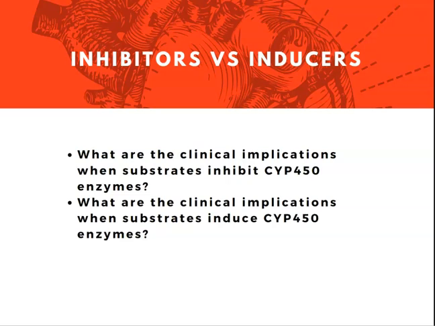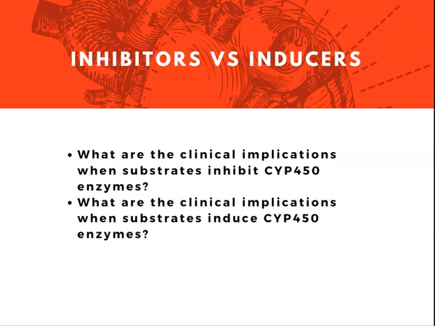Now let's talk about inhibitors versus inducers. So what are the clinical implications when substrates inhibit CYP450 enzymes? Any inhibitor may decrease the metabolism of substrates and generally lead to an increased drug effect.